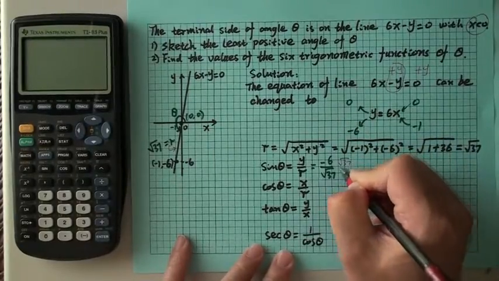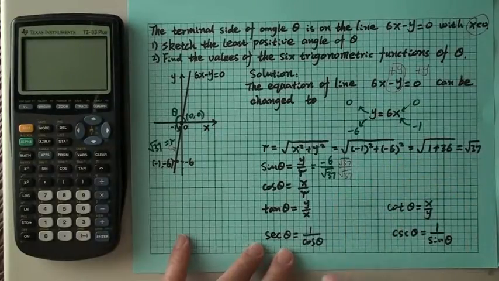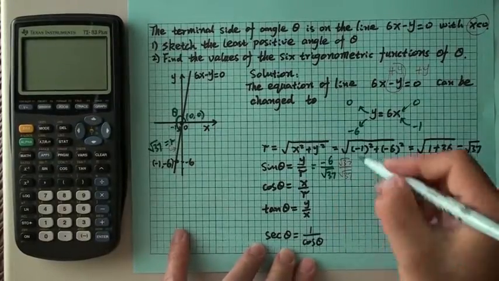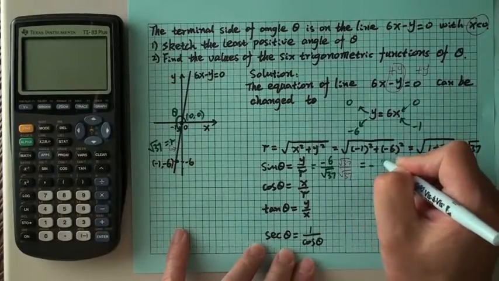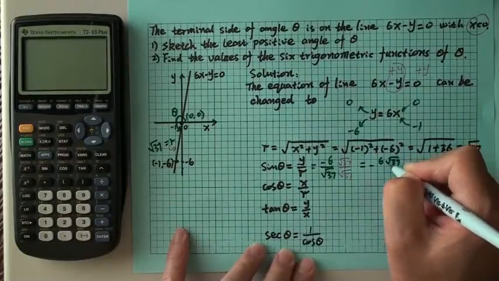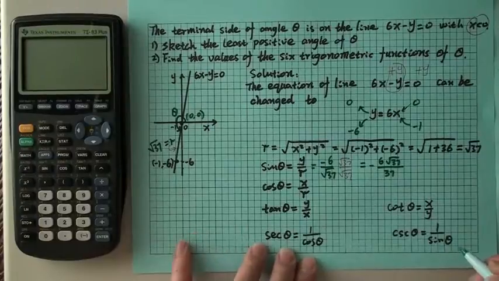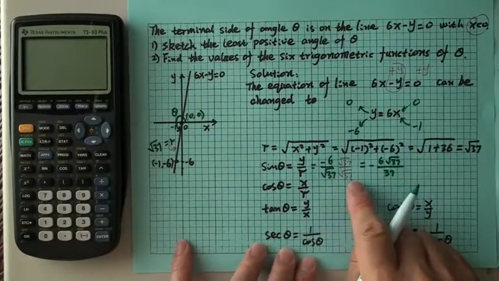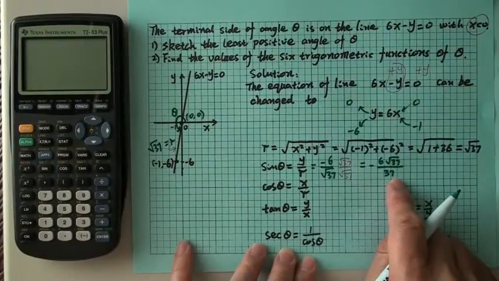Both numerator and denominator are multiplied by radical 37. So upstairs is negative 6 radical 37, and downstairs is 37, because radical 37 times radical 37 gives 37.